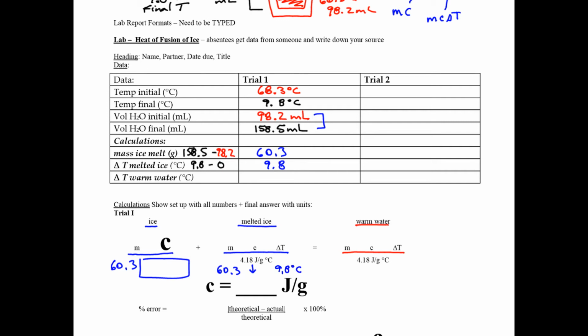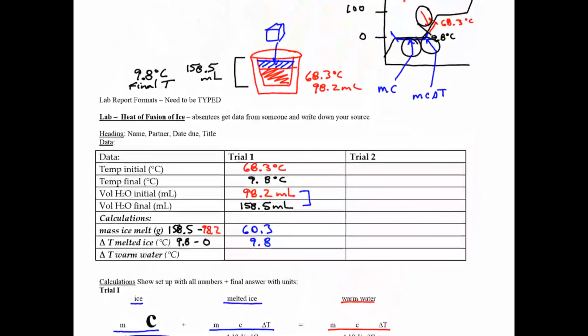Okay, so now we have the left side of the equation. We're going to add these two together to get the right side. And the right side is going to be the MC delta T of the hot water. So the hot water was 98.2. That's what you started with in my data. Again, the C value for that zone is 4.18 joules per gram degree Celsius. And now we need to show the delta T of the warm water. Well, if you look back at our graph, you'll see that the warm water started at 68.3 and went down to 9.8.